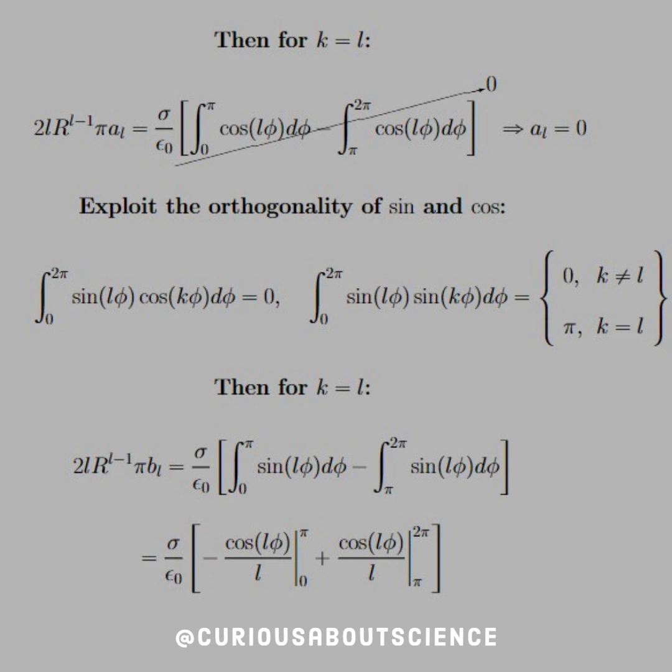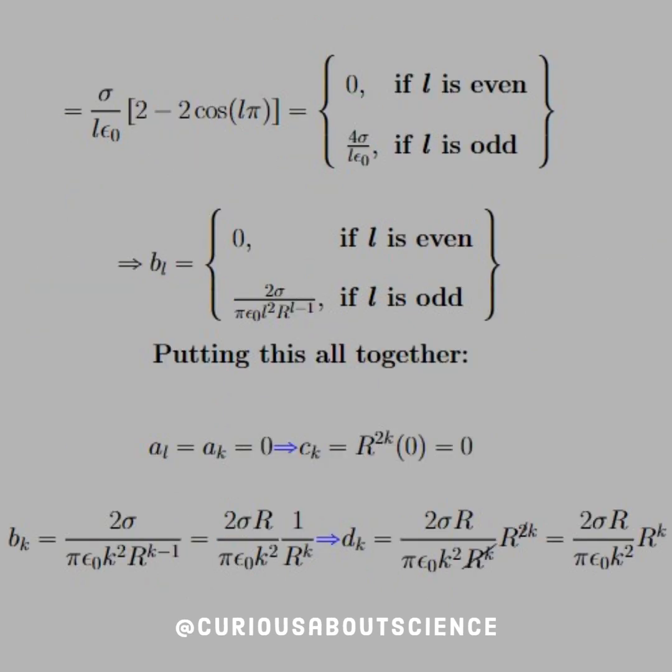So now we have to exploit the orthogonality once again, but this time with sine. So we multiply sine of L to both sides and we evaluate. Similarly to cosine, sine and sine lead to pi when k equals L, and sine and cosine equal 0 because they're orthogonal.